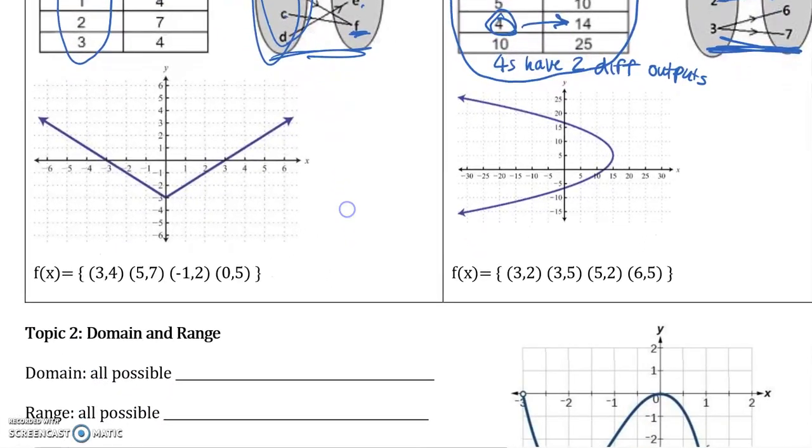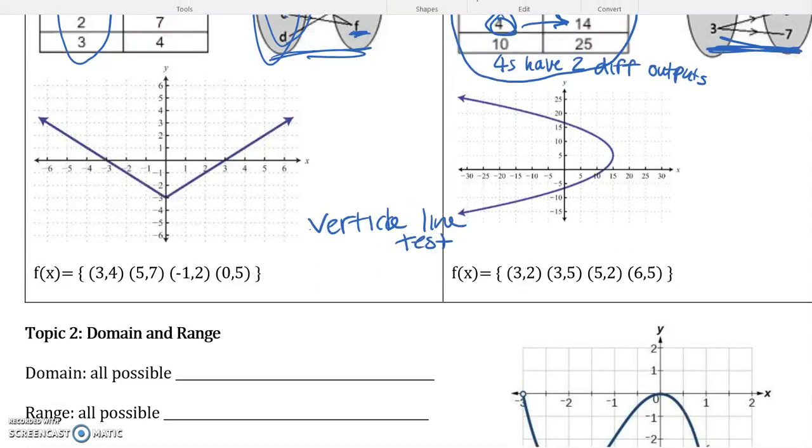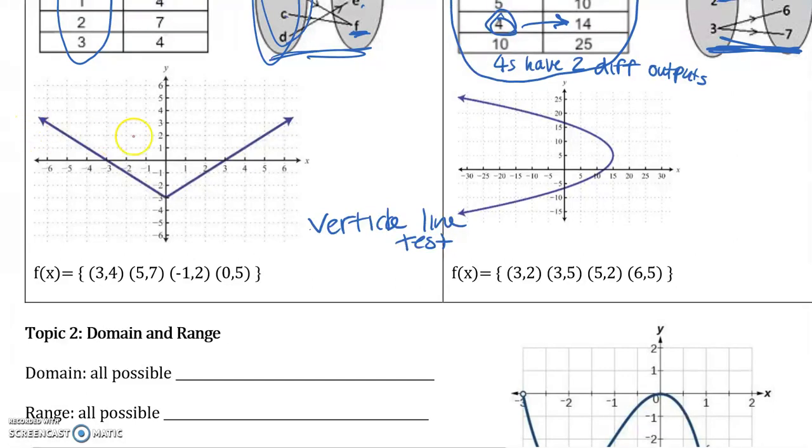When we're looking at a graph, we use what's called the vertical line test. Basically what we do is we look at our graph, and we're looking to see, if I draw in vertical lines, what happens?